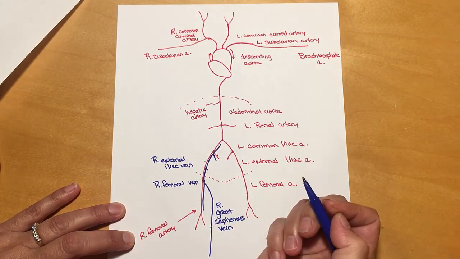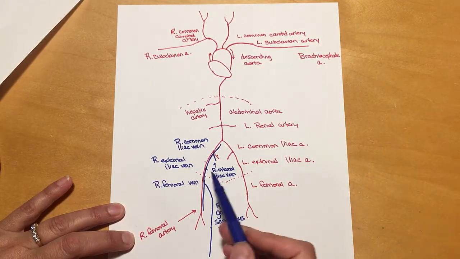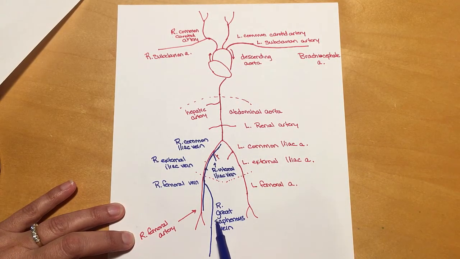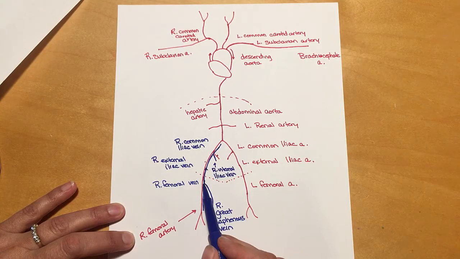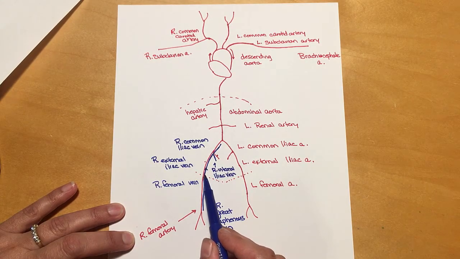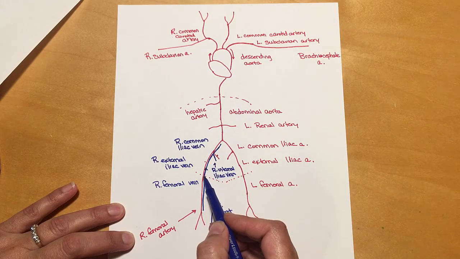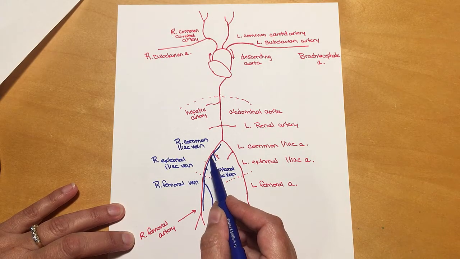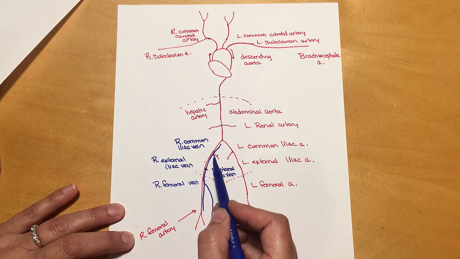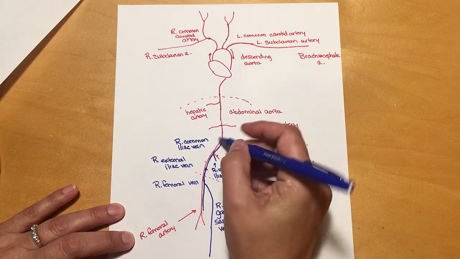So let me label a couple of those things. Okay, we've got them all labeled out. Right femoral vein merges with the right great saphenous vein. As it moves into the abdominal cavity, or the pelvic cavity really, it's going to become the right external iliac vein. That's going to merge with the right internal iliac vein to form the right common iliac vein.